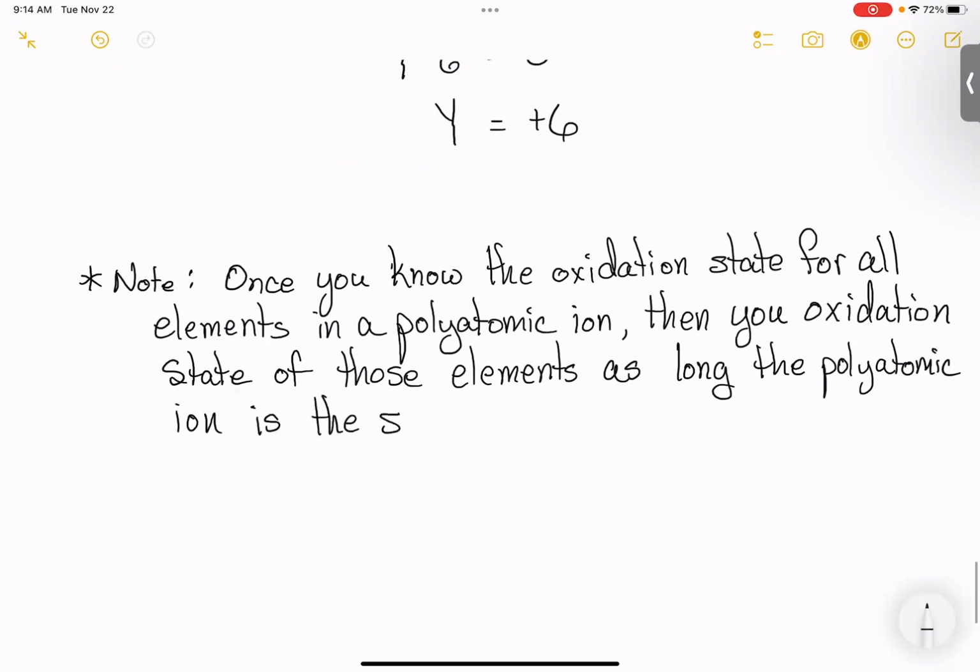What I mean by this is, I just said that the sulfur's a +6, the oxygen's a -2. I don't care where you get sulfate, magnesium sulfate, sodium sulfate, I don't care. The oxidation state of the sulfur will be a +6 and the oxidation state of the oxygen will be a -2.